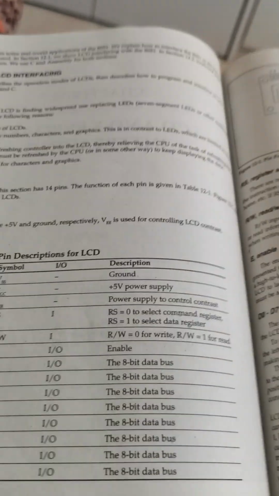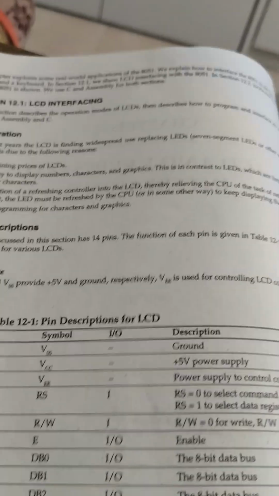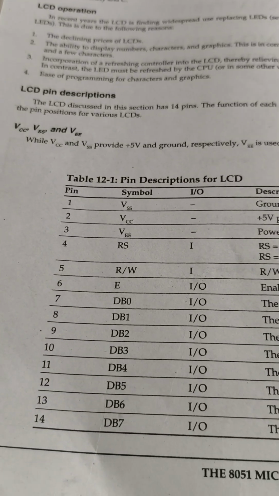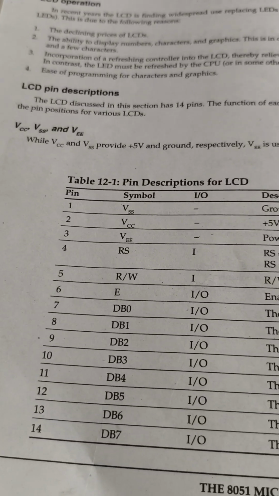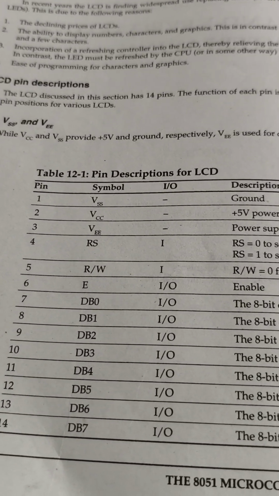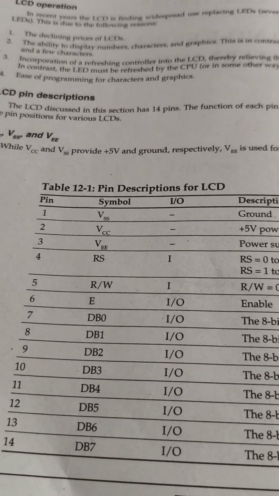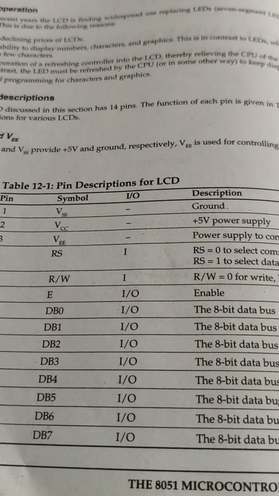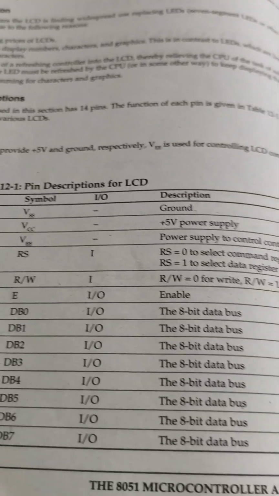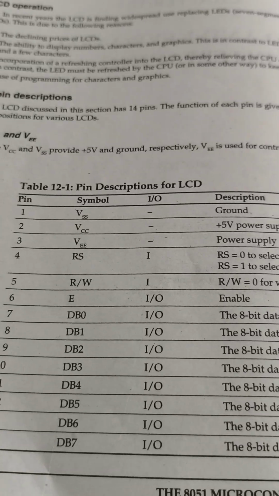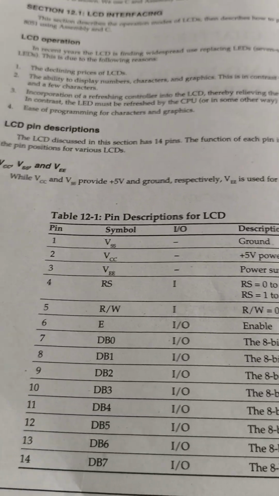You have to know how to make the connection, to which pin you have to give input, and where to take the output from. The LCD is also a 14 pin IC. They have specified to which pin we have to give VCC and which pin to ground, and from where we have to read the data, when it will be enabled, and to which pin it will receive the data.